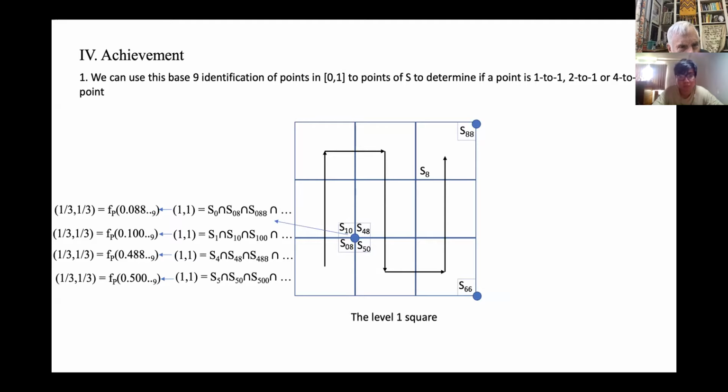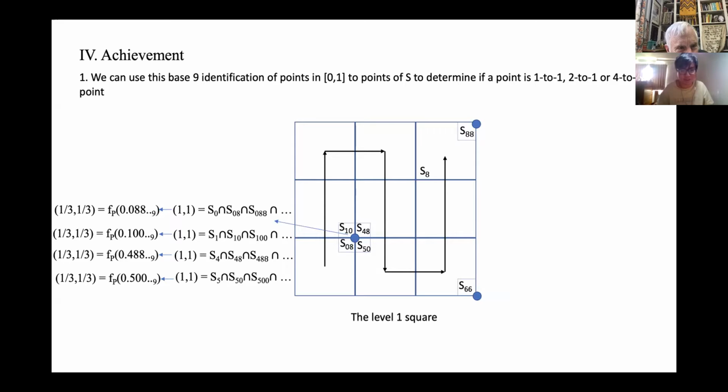Now here, what does 1, 1 mean? Which one? Oh, it's 1/3. Oh my God. It's not 1, 1. It's 1/3, 1/3.